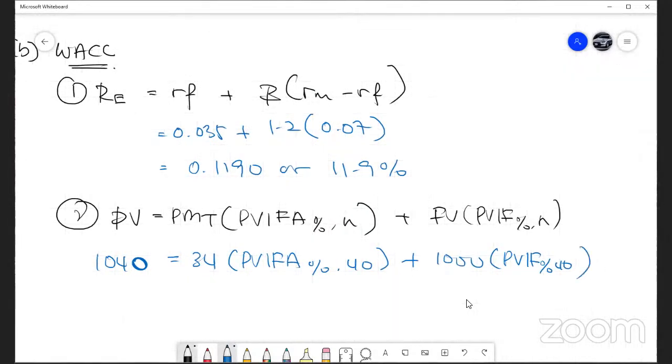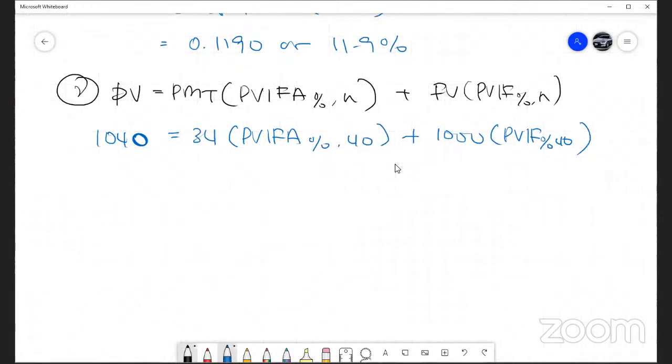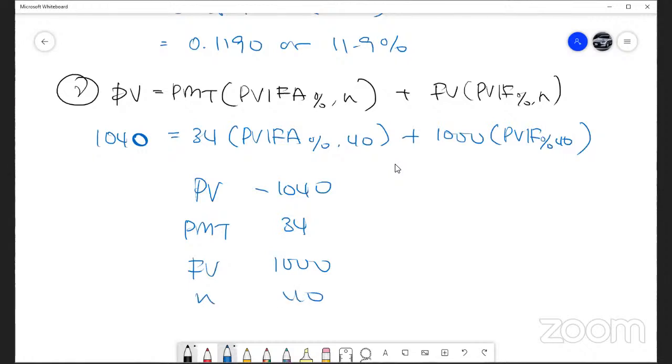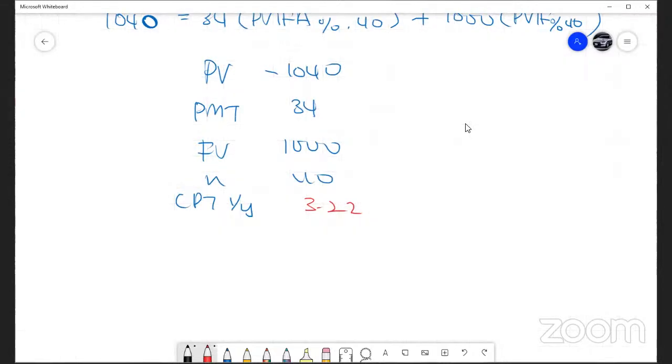Okay, so of course trial and error is going to be difficult, so use your financial calculator. PV negative 1040, PMT 34, FV 1000, N equals 40, compute I/Y. Again, this will give you 3.22. But this is for semi-annual.